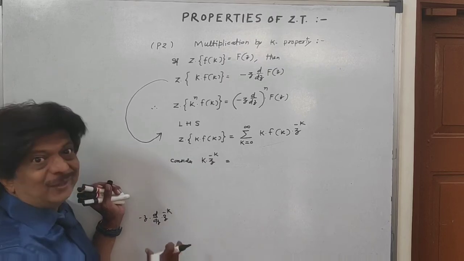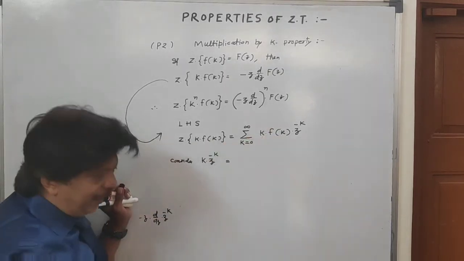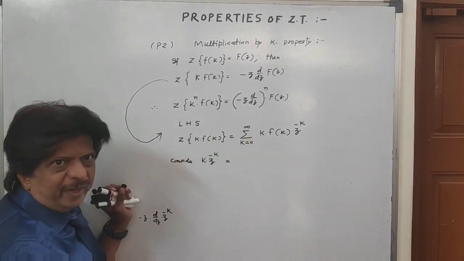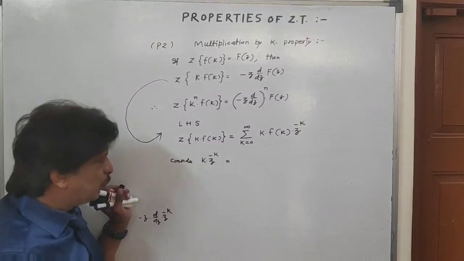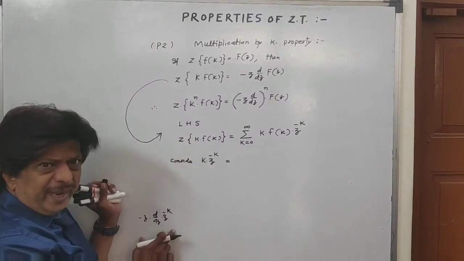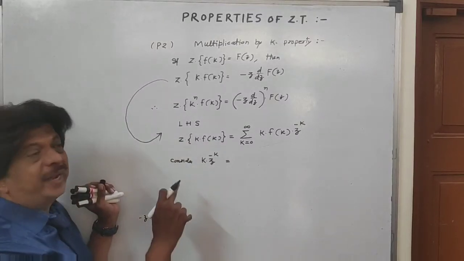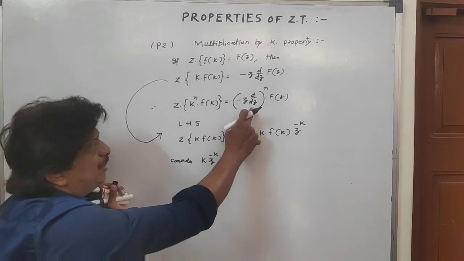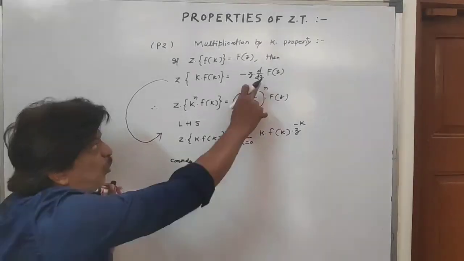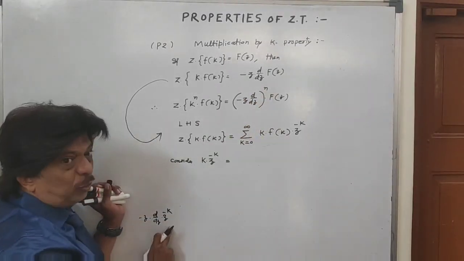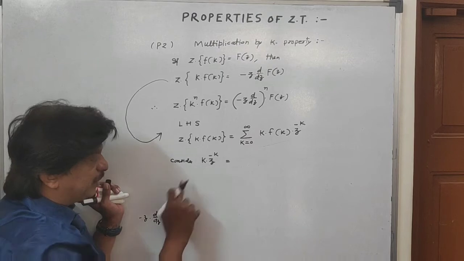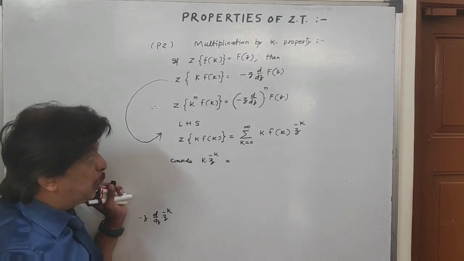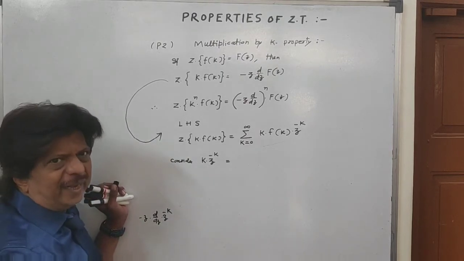Again, why I am doing like this? This would be followed here. The suspense will be disclosed at the end. So let us consider this. Why am I writing it like this? Minus z d by dz, here n equal to 1, and the first derivative of z raised to power minus k. OK, k into z raised to power minus k.